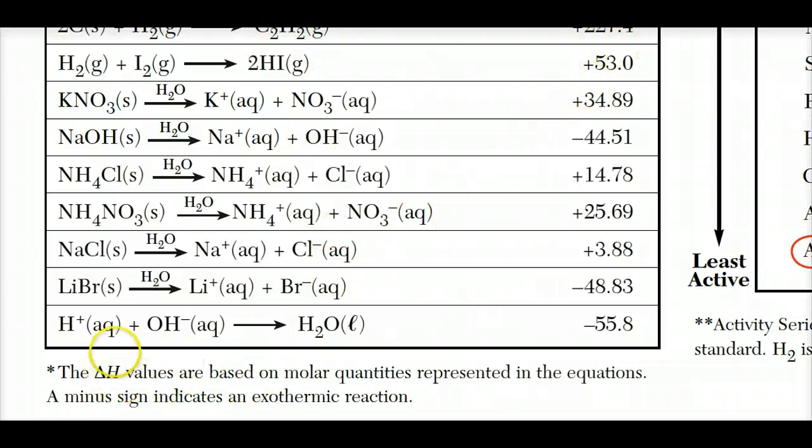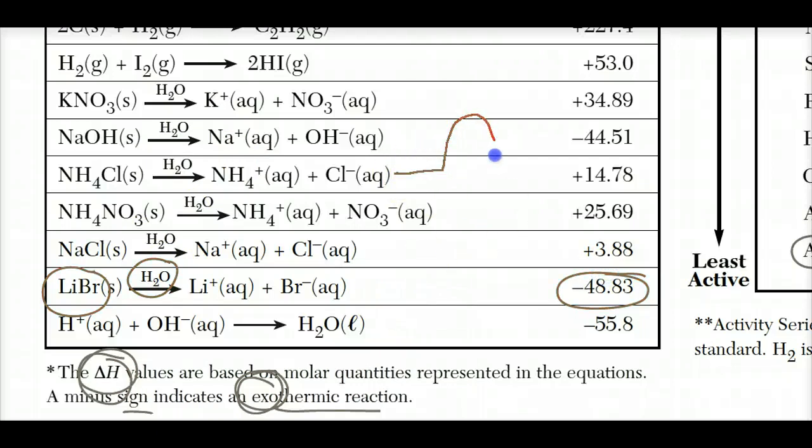Now, they tell you at the bottom of this table that if something is exothermic, there's a minus sign. Now, exo means heat is exiting. So if you look at lithium bromide, when it dissolves in water, it is negative delta H. What does that mean? That means on my potential energy curve, I'm starting with a certain amount of LiBr, and then I'm ending up with Li plus and Br negative ions.